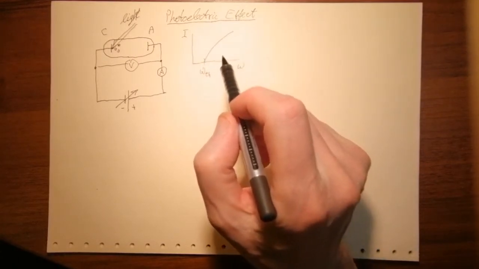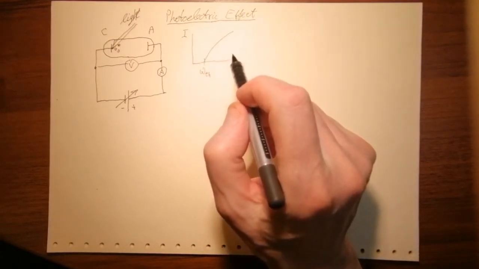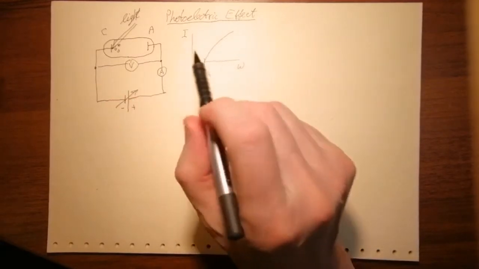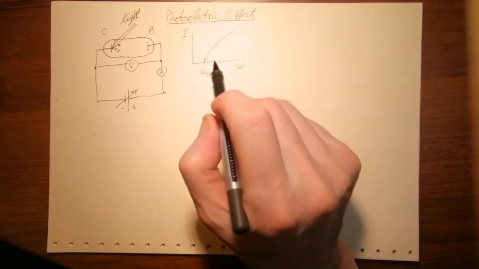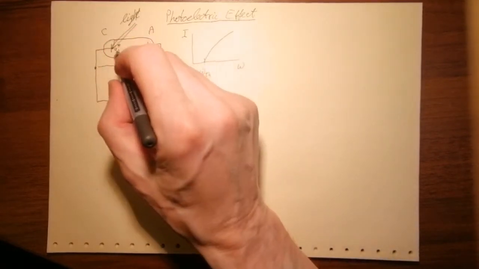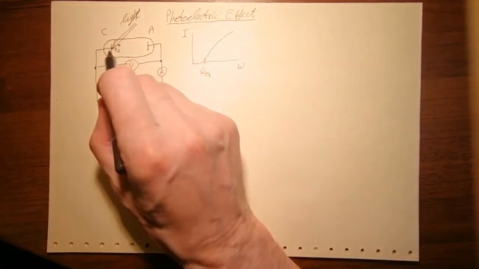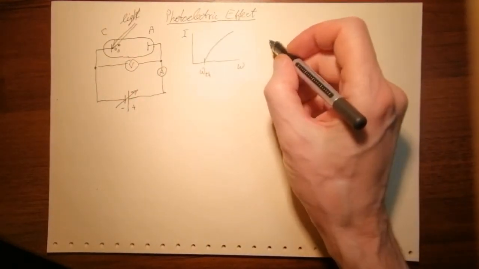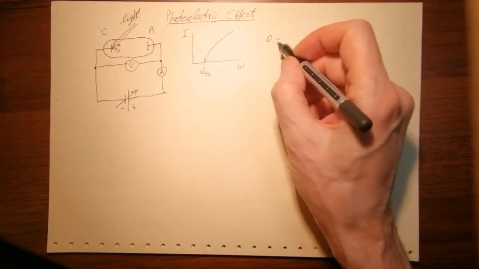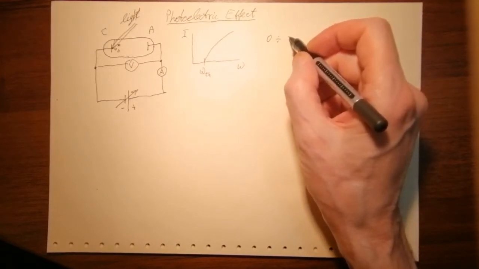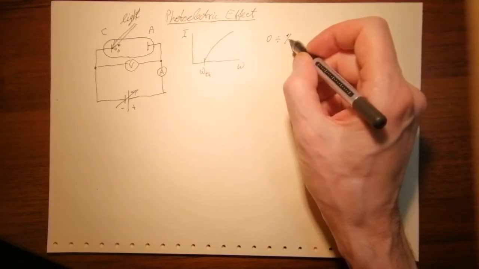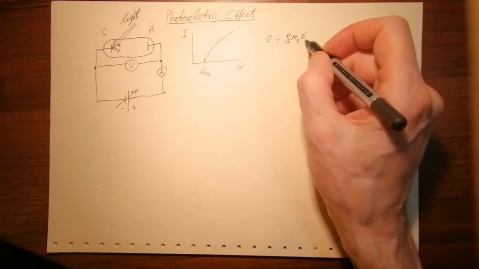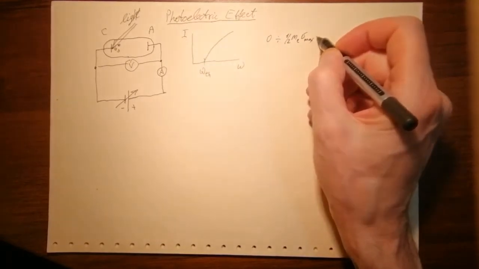This is the first. The second is that electrons leave the surface with some energy, and this energy is in the interval from 0 to some maximum kinetic energy, m v maximum squared over 2.